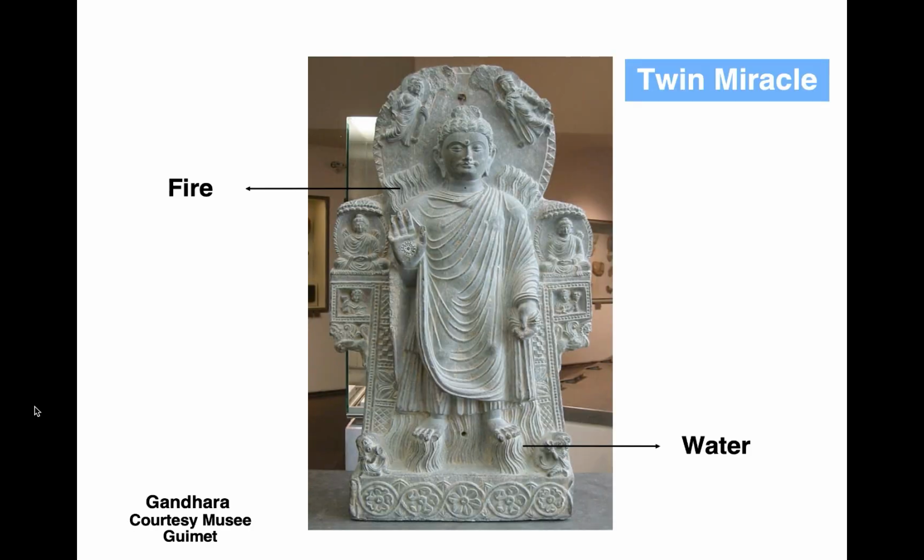The twin miracle was a psychic power of the Buddha, which he performed on several occasions during his lifetime. The twin miracle helped to inspire others with confidence in his enlightenment. By this miracle, the Buddha displays his body emitting a stream of fire and water simultaneously.